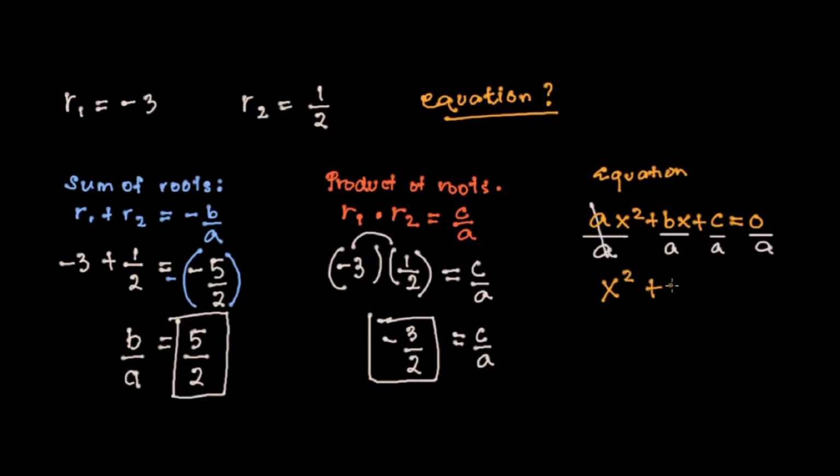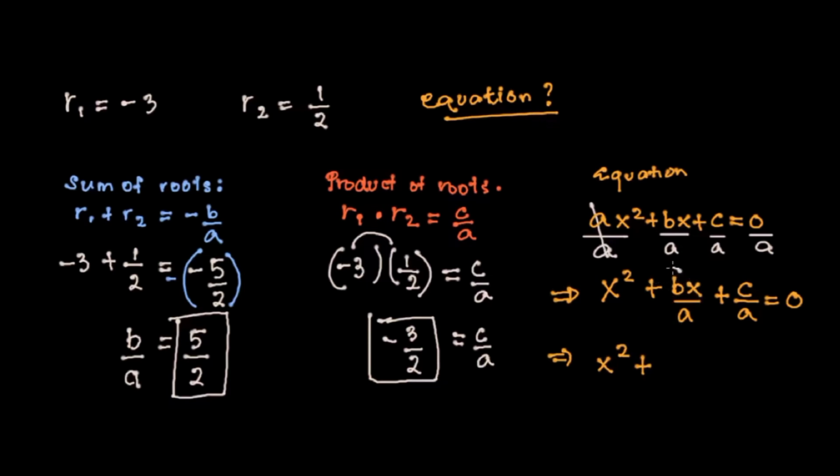Okay? So, we have x squared plus bx over a plus c over a equals 0. Okay, so nakikita nyo na, di ba? So we have x squared. Let me write the first term, x squared, plus b over a, or bx over a.